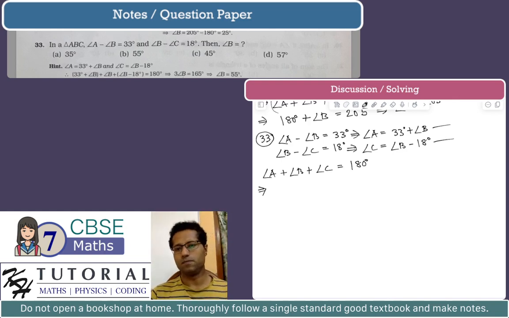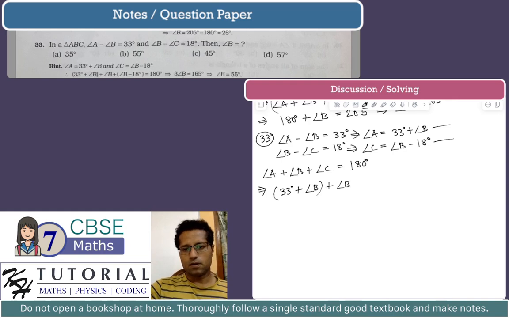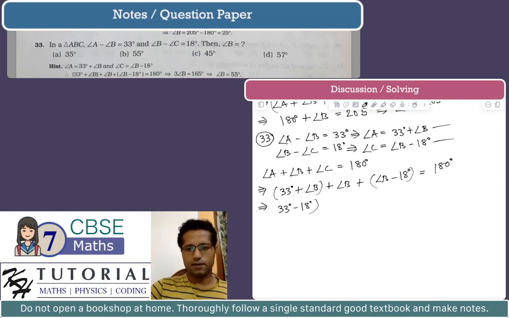We know A in terms of B, we know C in terms of B. So angle A, if I write it in terms of B, it becomes 33 degree plus angle B. Angle B, we will leave it alone. Angle C is angle B minus 18 degree. So we have this equal to 180 degree. So now if we simplify the left hand side, we get 33 degree minus 18 degree plus 3 times angle B is equal to 180 degree.